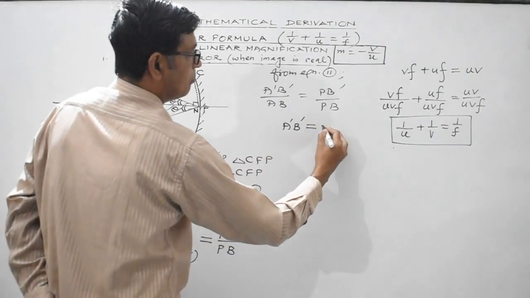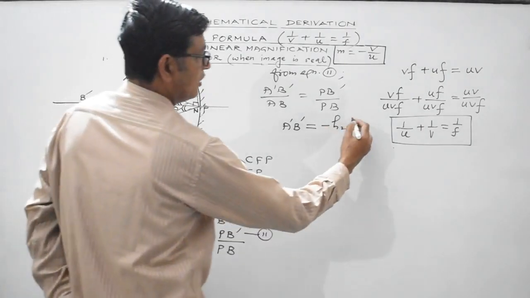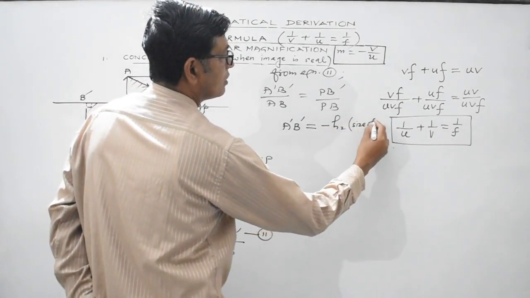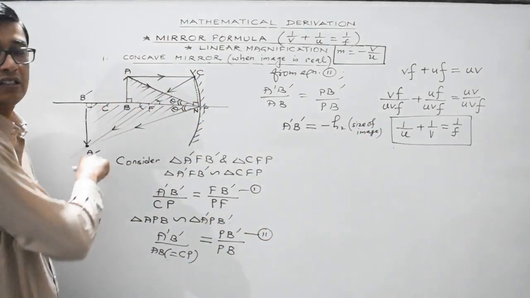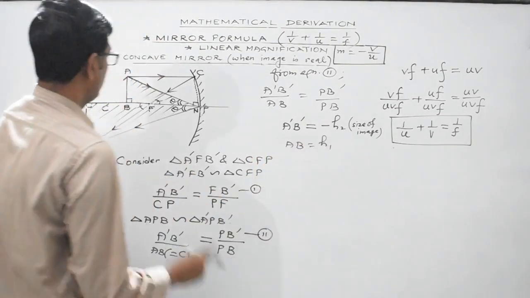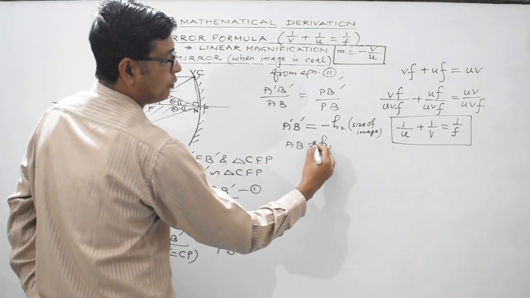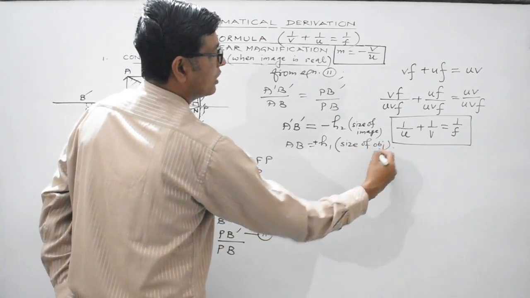So it is minus H2. H2 is the size of the image. And negative sign suggests that the image obtained is inverted. What about AB? It is H1. It is erect. So positive sign. So it is H1 is size of the object.